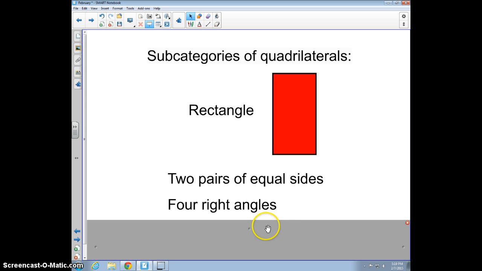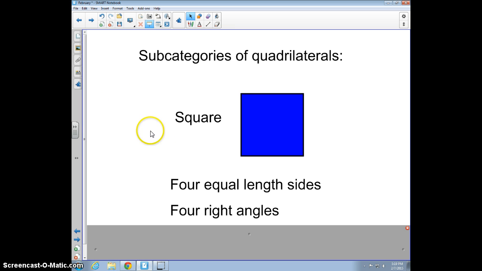And they also have 4 right angles. So if you remember the square, one of the attributes is it has 4 right angles. The rectangle also has 4 right angles. And something that I want you to think about right now is that a rectangle has 2 pairs of equal sides. It doesn't necessarily have 4 equal sides, but it has 2 pairs of equal sides.